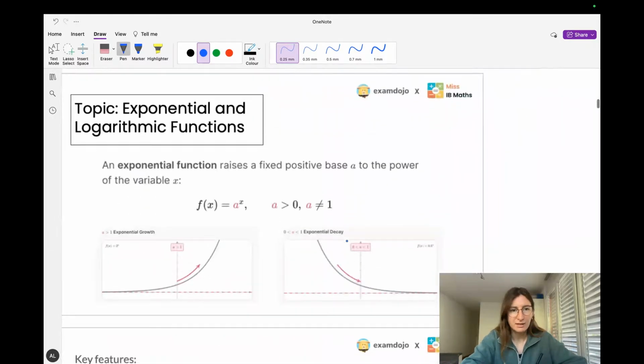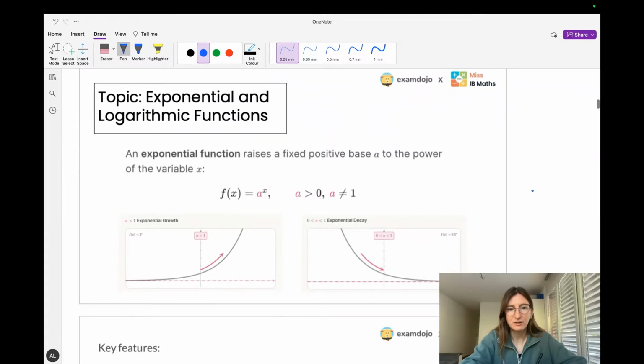All right, so let's just quickly have a look at our exponential functions and some properties of them. So if we have a fixed base a, the conditions are that a needs to be positive, more than 0, and a does not equal 1. So 1 to the power of x is not an exponential function, because if I have 1 to the power of anything, it's just 1.